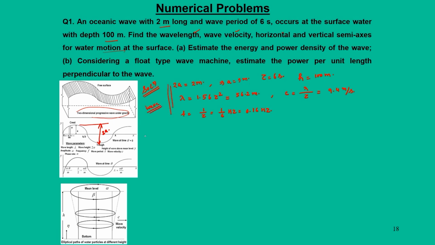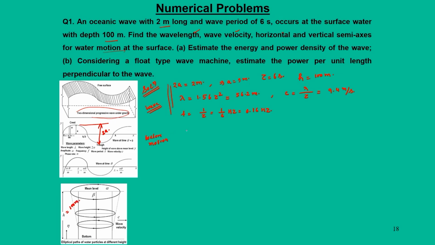Now, about water motion: the water motion is mainly elliptical at the surface and circular at the bottom. Bottom means the depth given to us as 100 meters.